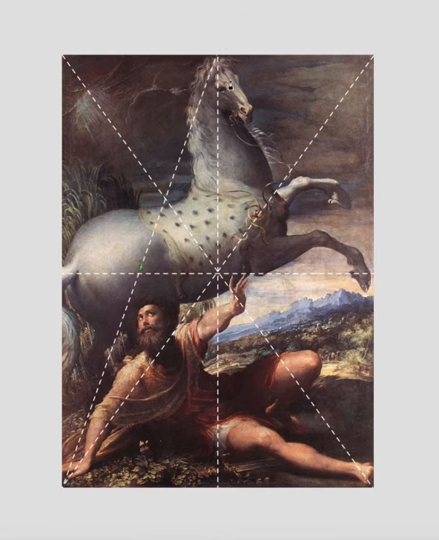But even when I start dropping just a few lines from the basic armature, you can see things. For example, this diagonal line here is clearly following the head, the neck, and the chest of the horse. And then these diagonal lines are placing the man's outstretched arm.